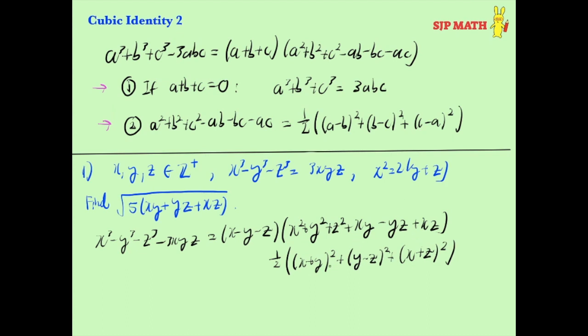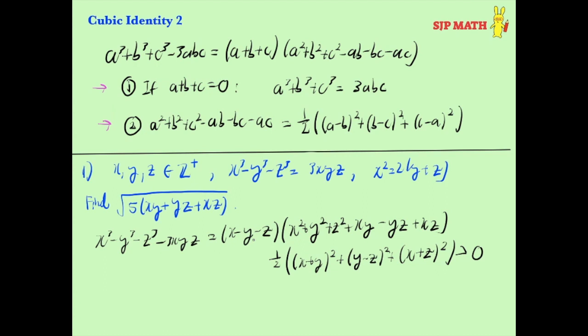And we already know that x, y, z are positive integers. So what's important to know here is that the smallest value of x plus y squared is larger than 0, because since x, y, z are positive integers, these can never be equal to 0. So this is actually larger than 0, which means that since this is not equal to 0, then x minus y minus z has to be 0, just like you probably hypothesized before.